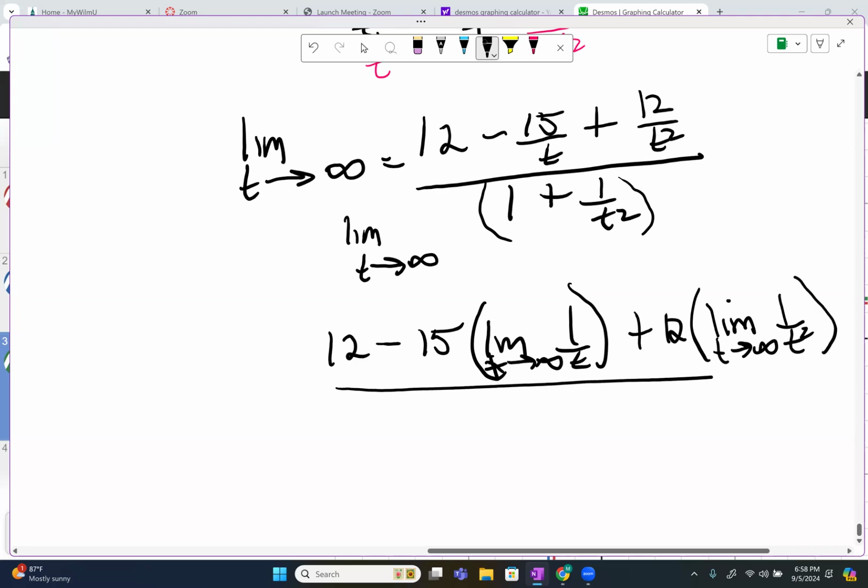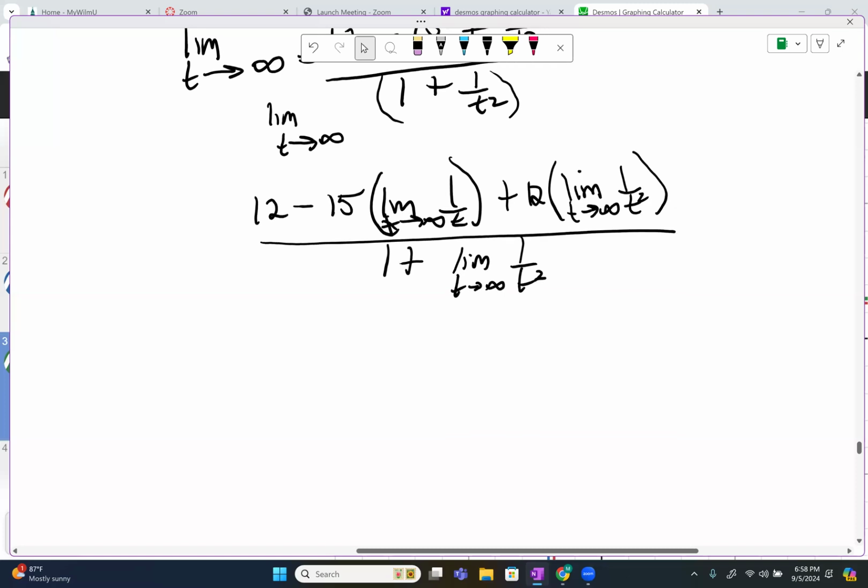And this is over 1 plus the limit at t reaching infinity of 1 over t squared.